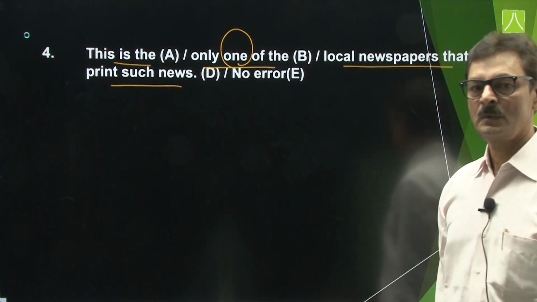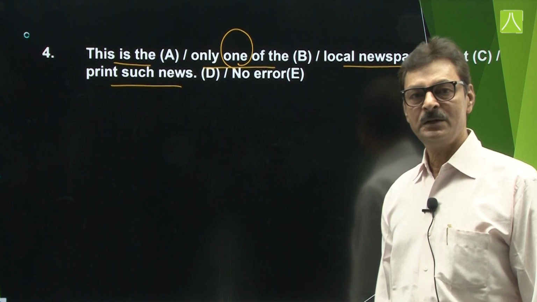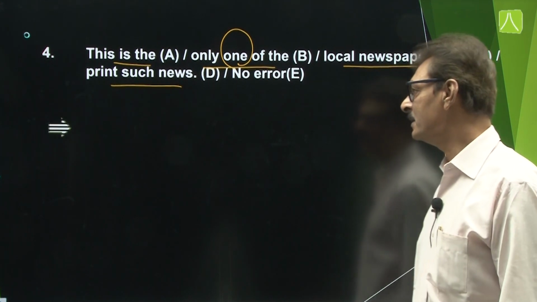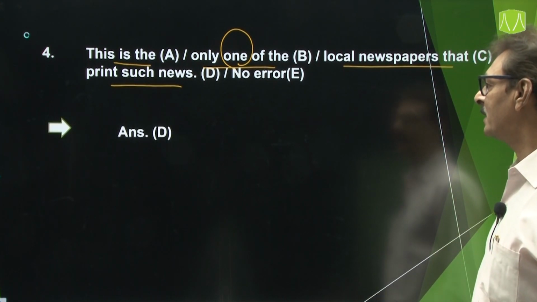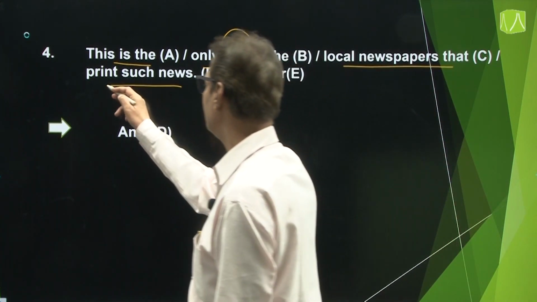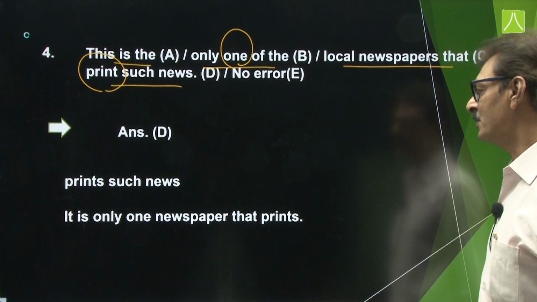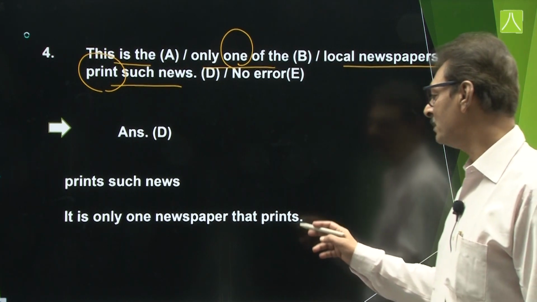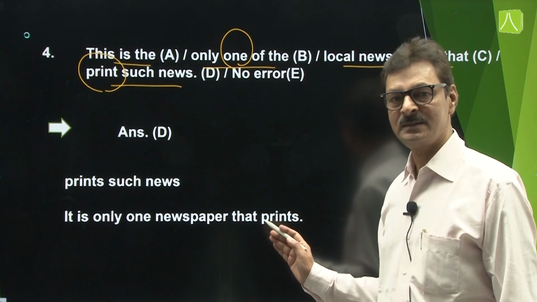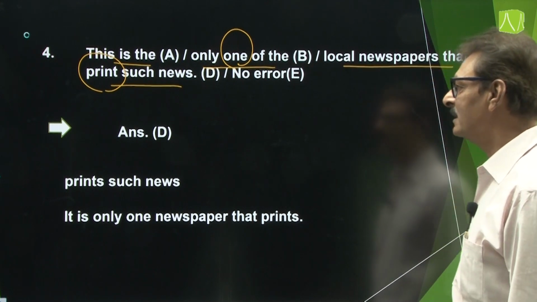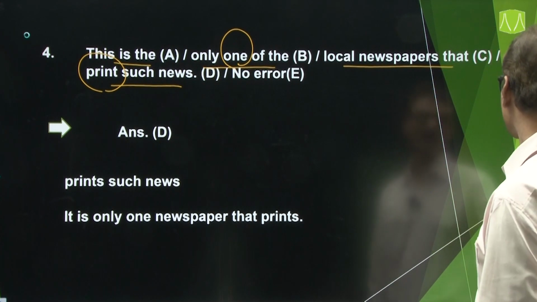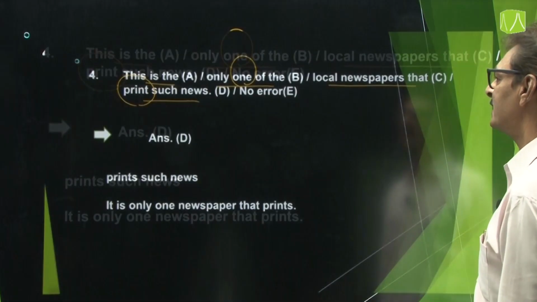One of the. So if it is singular, the verb should also be singular. So the error is in part D. And क्या error है? ये जो verb है, print, it should be prints. Prints such news. It is only one of the newspaper that prints. Important example, this one. Moving on with the next example for you.